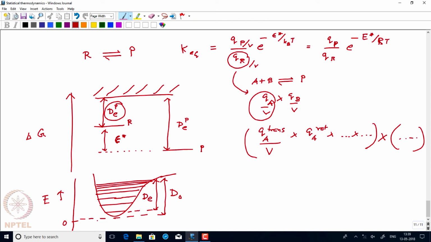And then you see here that you have a DE. So these are all actually DE. It is basically the difference of the zero point energies of the reactant and the product. That is a very important thing. It's not the difference between the zeros; it's basically taking into account the zero point energies always.